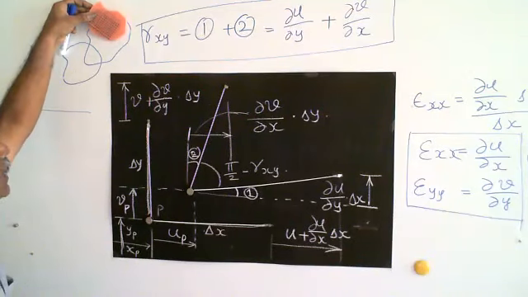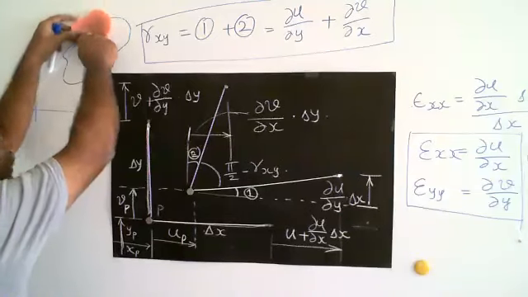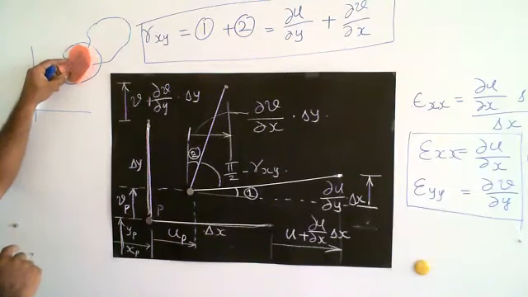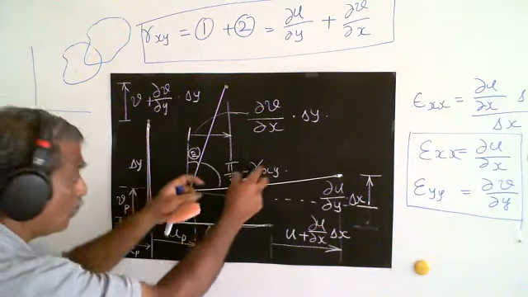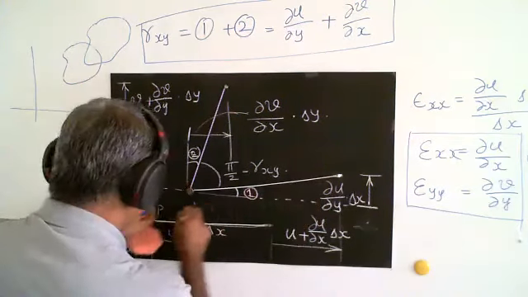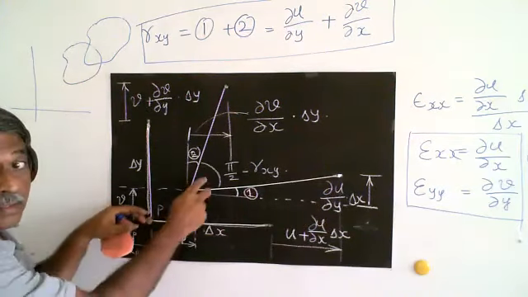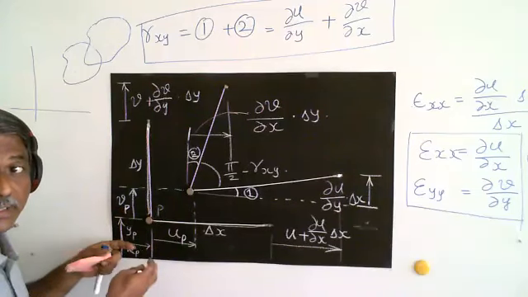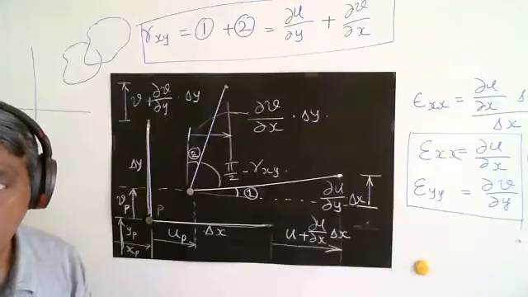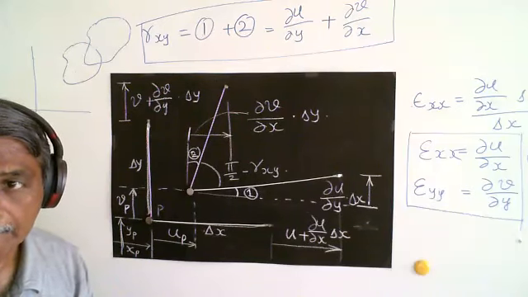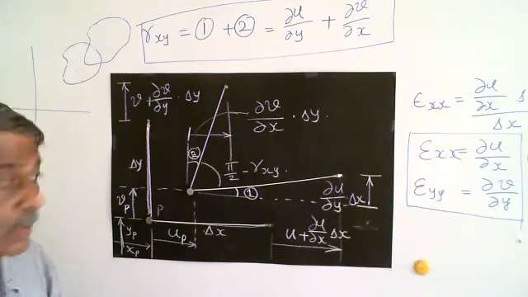Which means that I have to now bring it back to the original position. In a way, what I could have done is I could have moved this entire thing over here, right? So that the u and v disappear and look at only elongations. Yes, sir. But elongation itself depends on u and v, no, sir? That's what I'm asking.